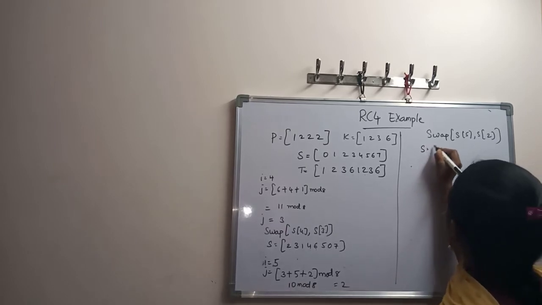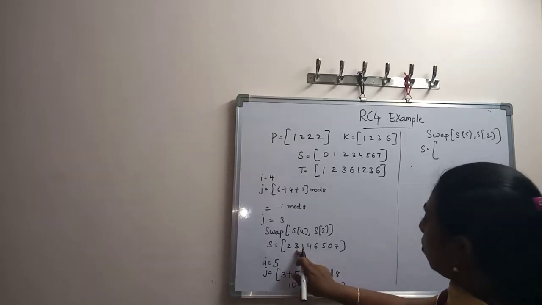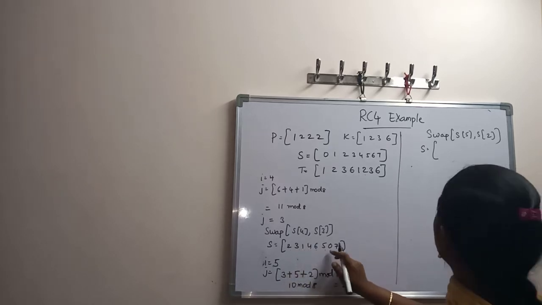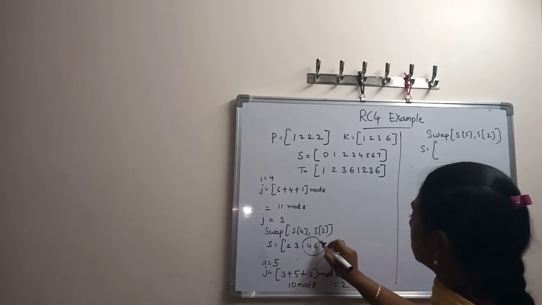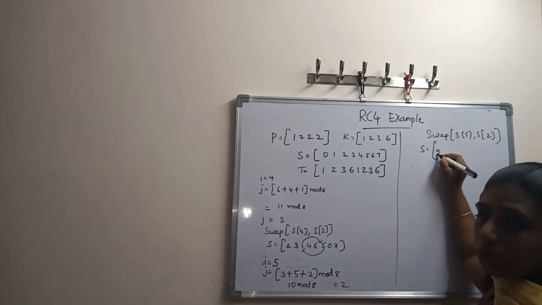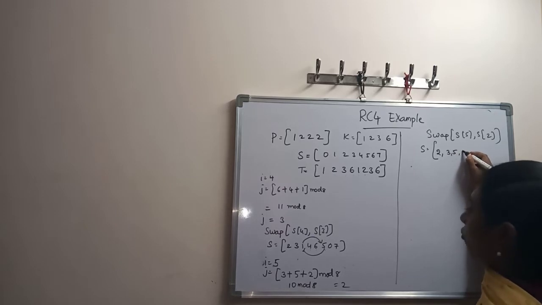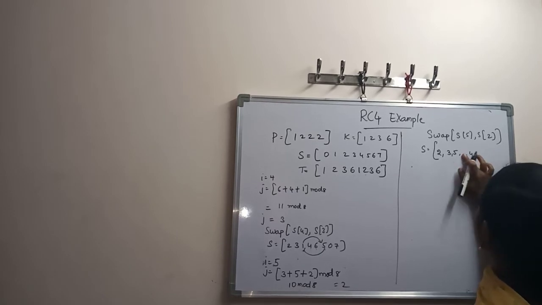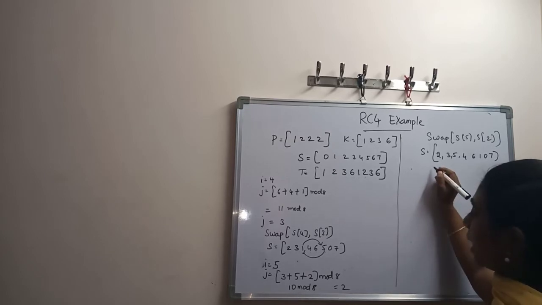We get the vector, with S of 5 and S of 2 swapped. So we get 2 comma 3 comma 5 comma 1, 4, 6. This is the value that we are going to get.